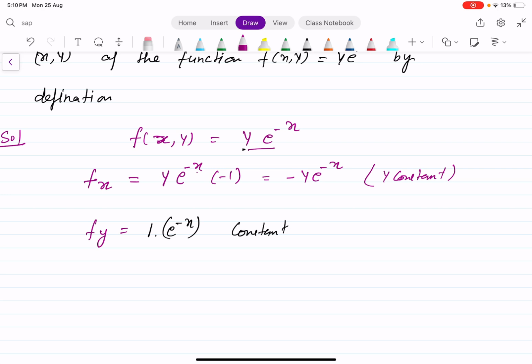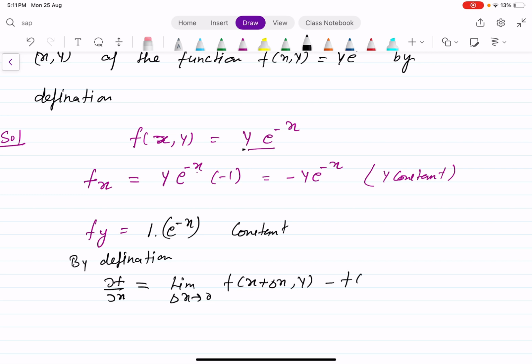Now let's compute del f over del x by definition. It is the limit as delta x tends to 0 of f(x plus delta x, y) minus f(x, y), upon delta x.